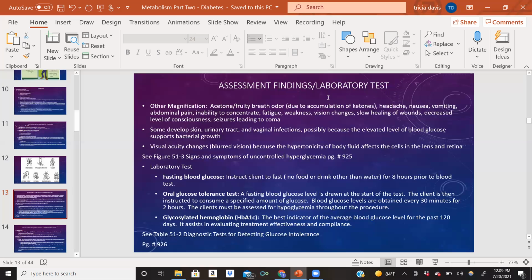We will talk also about the symptoms of hypoglycemia so you guys know what to look for. We can also look at a glycosylated hemoglobin, that's the A1C. This is going to be our best indicator of the average blood glucose level for the past 120 days. It is very useful in evaluating treatment effectiveness and compliance.